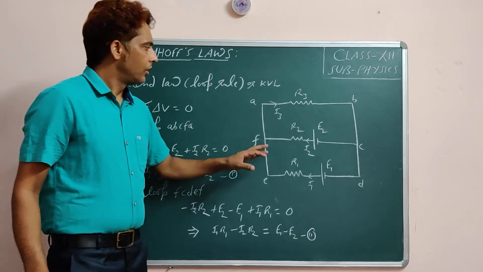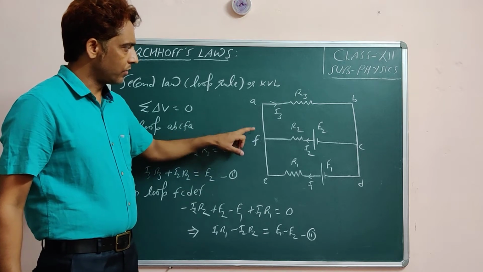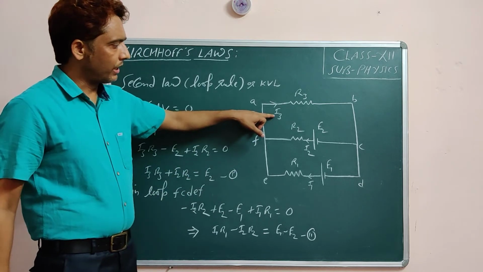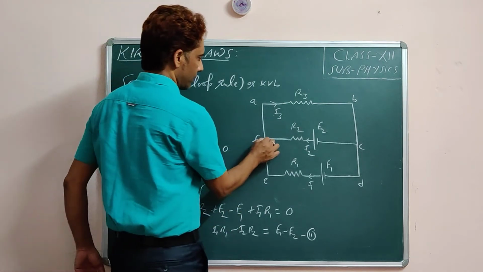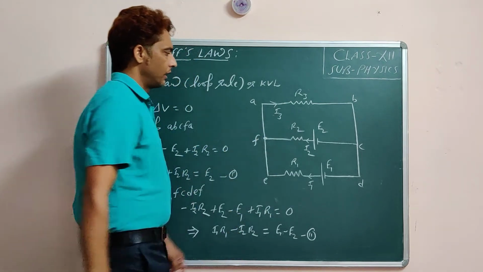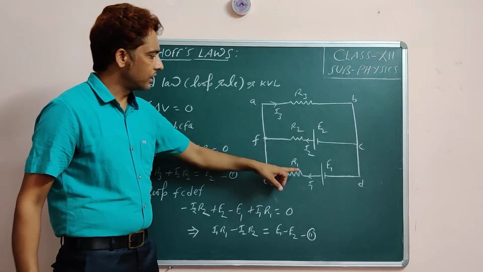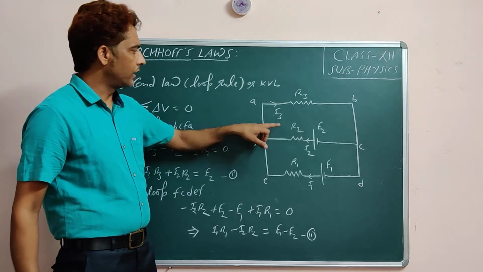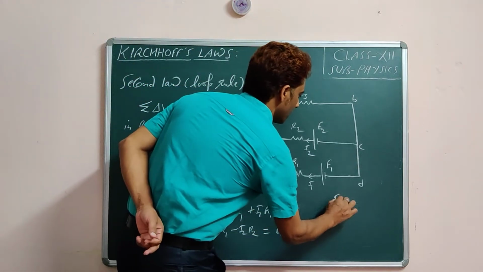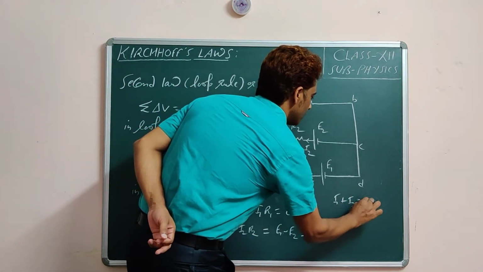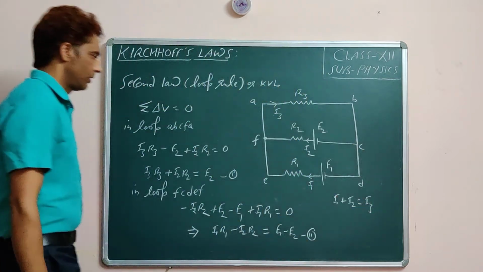Also, using Kirchhoff's first law, we can write the value of I3 in terms of I1 and I2, because if we consider this junction, then the sum of incoming currents is I1 plus I2 and the outgoing current is I3. So we can write I1 plus I2 is equal to I3.